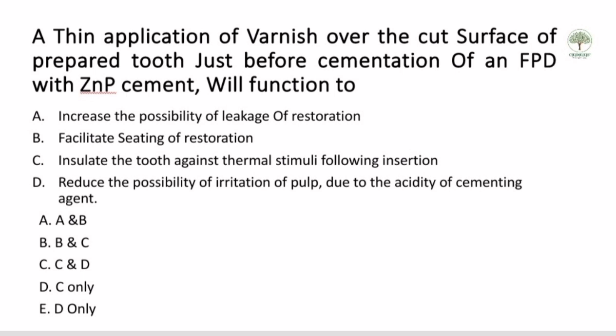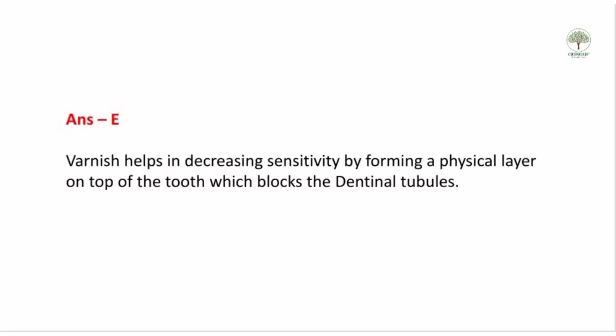It's a very direct question. To answer this, you should know why varnish is used, or what the application of varnish is. The answer to this is E. Option E says that only D is correct. Now D says reduce the possibility of irritation of pulp due to acidity of cementing agent.